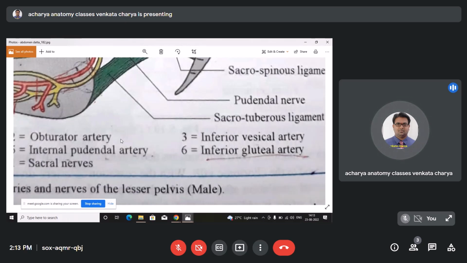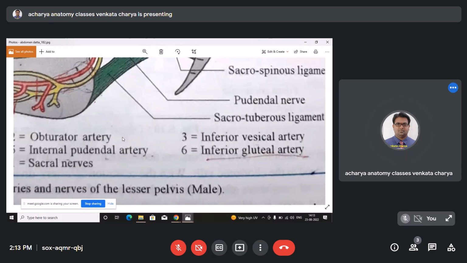So the internal pudendal artery supplies the lower part of the rectum by the inferior rectal artery. The inferior rectal artery is number one, a branch of the internal pudendal, right? It supplies the inferior part of the rectum.